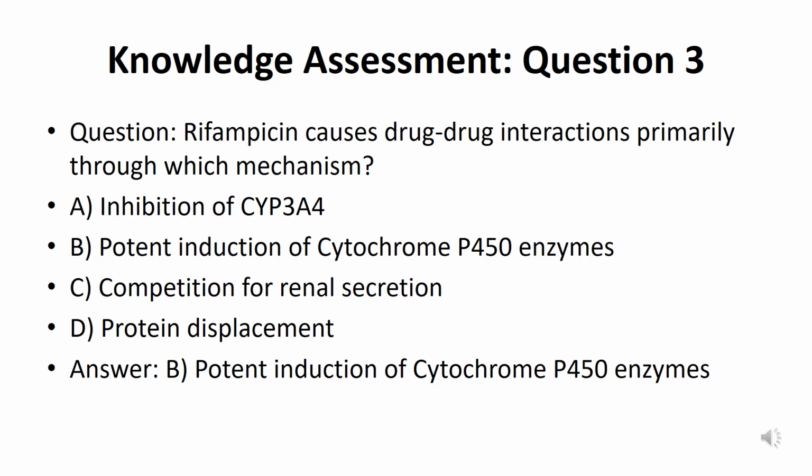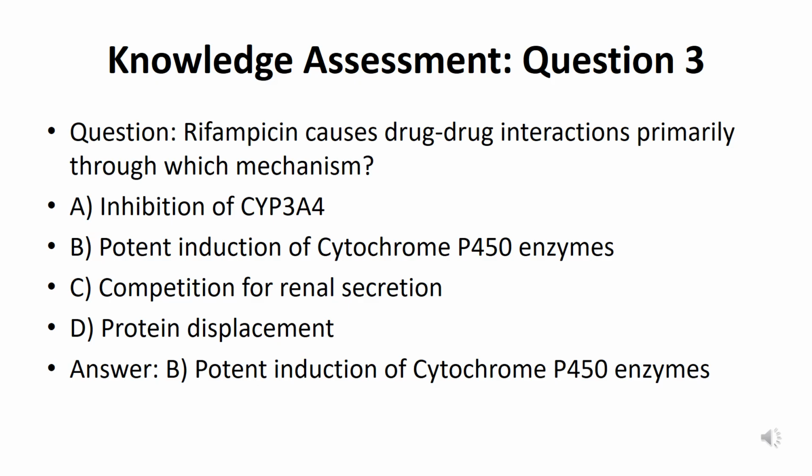The key concept to remember is simple. Rifampicin turns up the activity of cytochrome P450 enzymes. More enzyme activity means faster drug metabolism. Faster metabolism means lower drug concentrations. And lower concentrations can lead to reduced therapeutic effects.